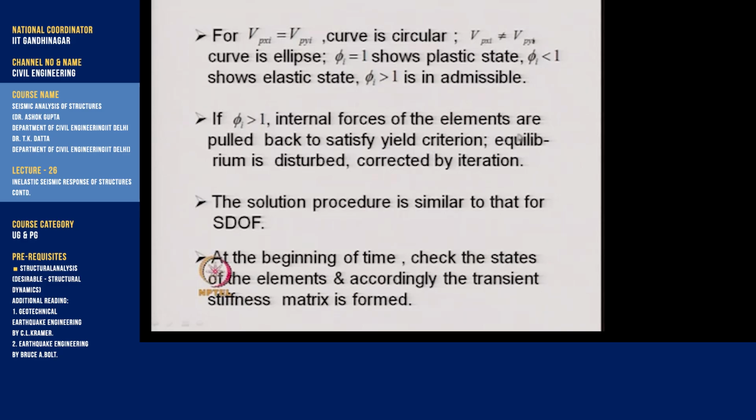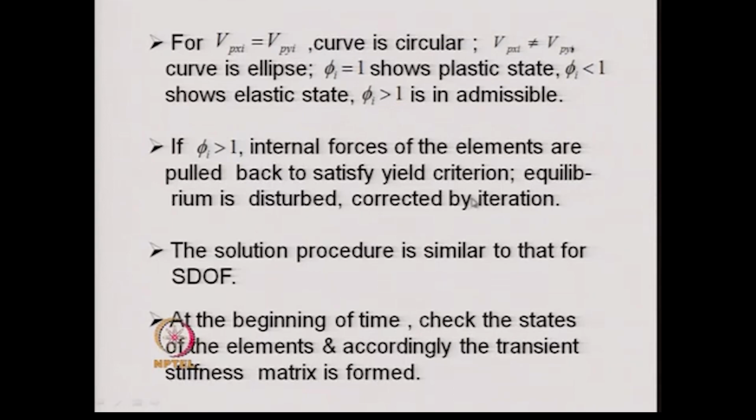As a result of that, the equilibrium is disturbed the moment the forces are pulled back, and this disturbance in the equilibrium is corrected by an iteration technique that will be described with the help of an example problem. The solution process otherwise is similar to what we adopted for the single degree of freedom system.